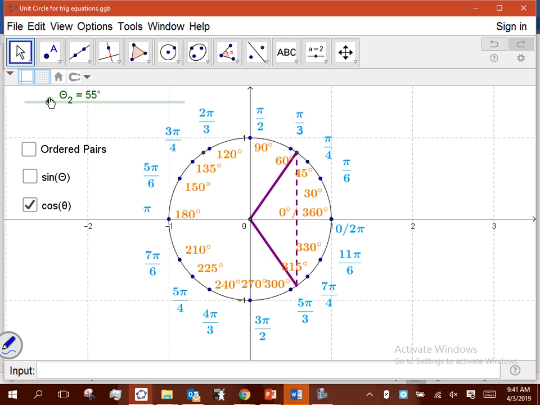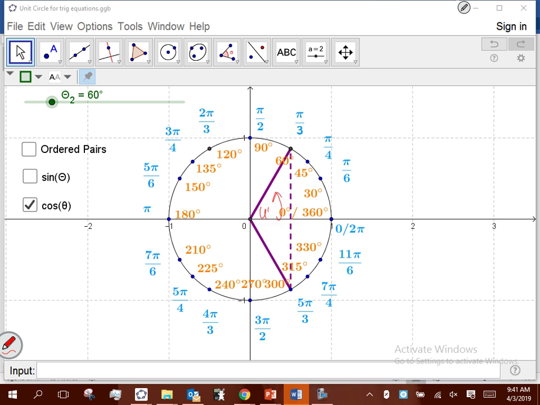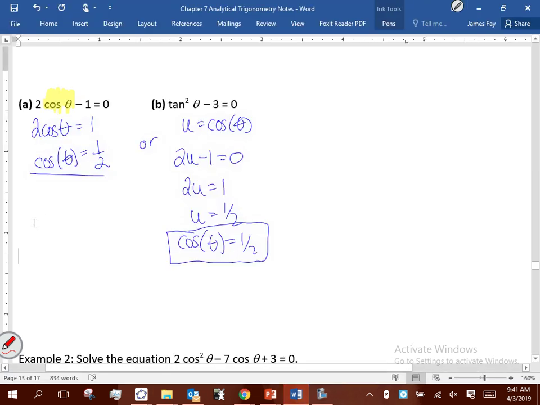When do I come to an x value of 1/2? It should be right there at 60 degrees. Our calculator will give you that 60 degrees if you type in cosine inverse of 1/2, make sure you're in degree mode.